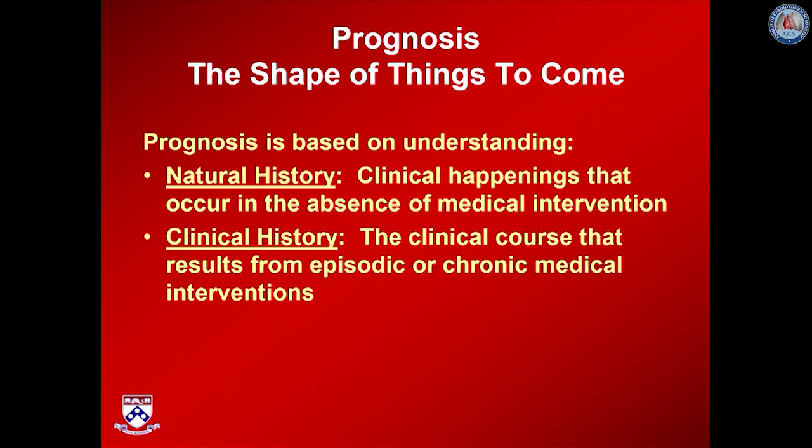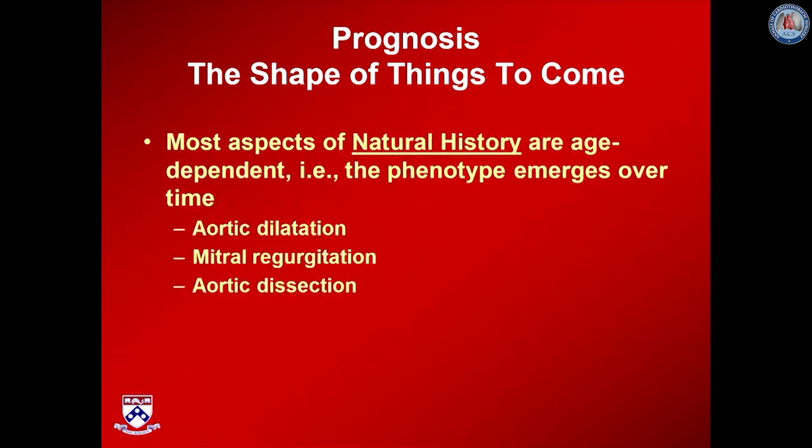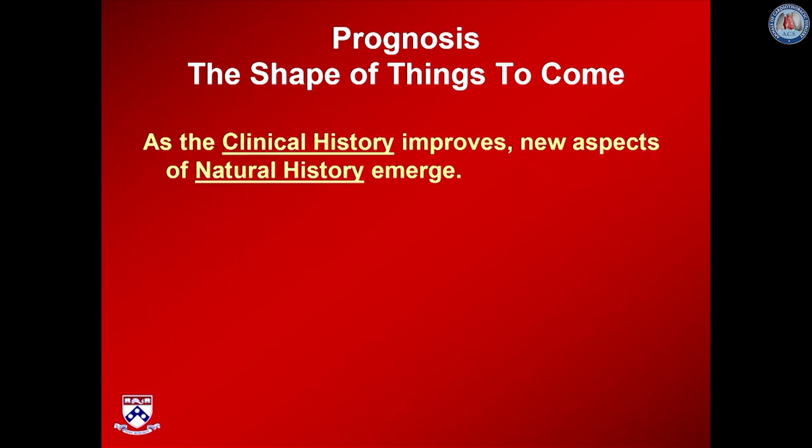Both of these forms of study are crucial to determining what will occur and what life expectancy will be like in patients. Most of the aspects of natural history are age-dependent, meaning that the phenotype emerges over time. This is certainly true of the aortic dilatation, the development and progression of mitral regurgitation due to mitral valve prolapse, and then the occurrence of aortic dissection.